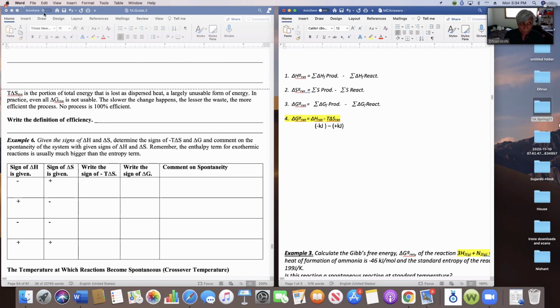Negative multiplied by positive is negative, so the sign of negative T delta S is going to be negative. T delta S itself is positive.